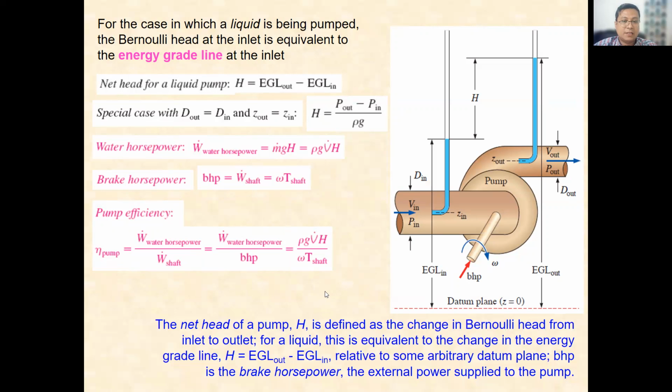So we can consider that one is the outside power supplied into the pump, and then we can measure how much the water horsepower is outside the pump. So from this comparison, we can consider the efficiency of the pump.